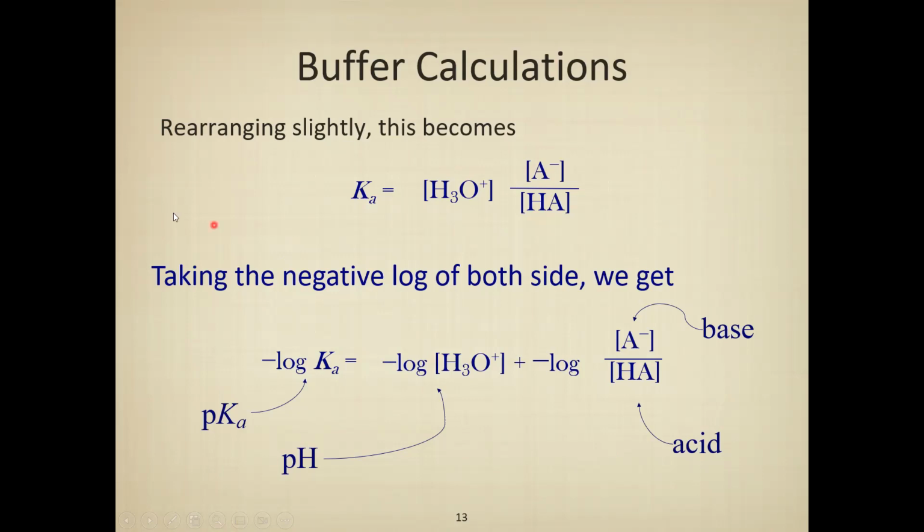If we take the negative log of everything, the H3O plus piece is just going to be equal to the pH. This piece over here, we're basically just going to have the log of that, so we're not really going to change that too much. But the negative log of the Ka is what's known as pKa.